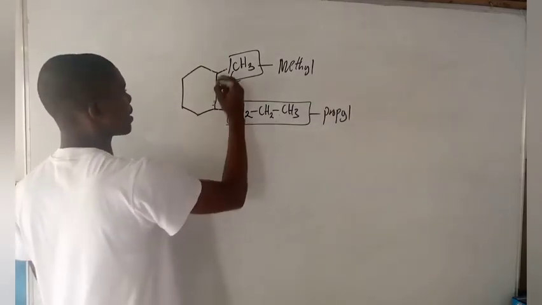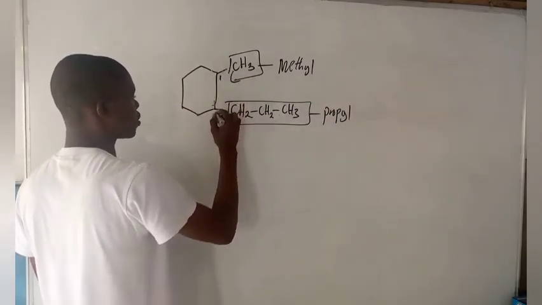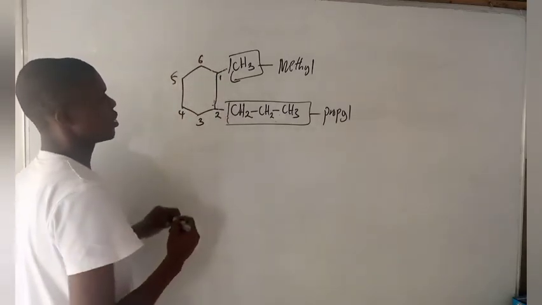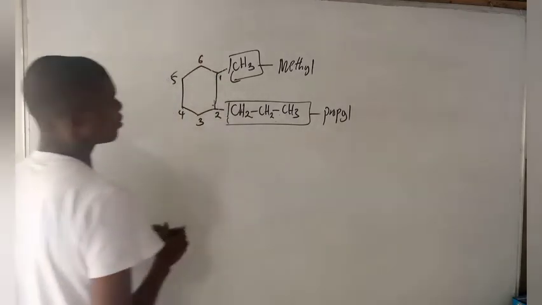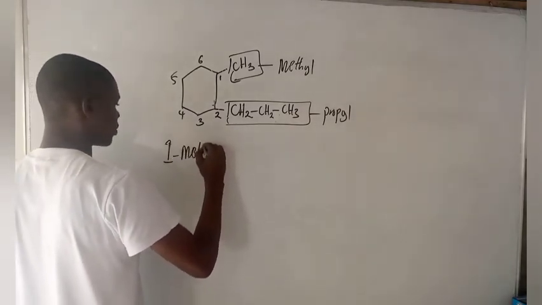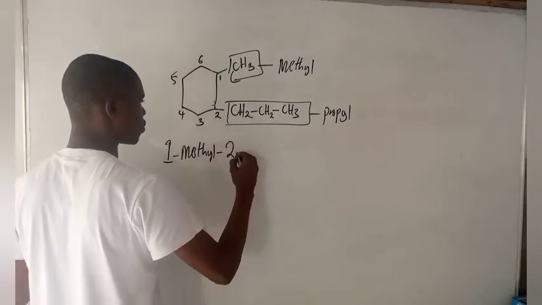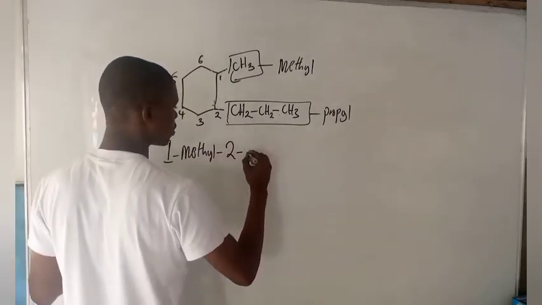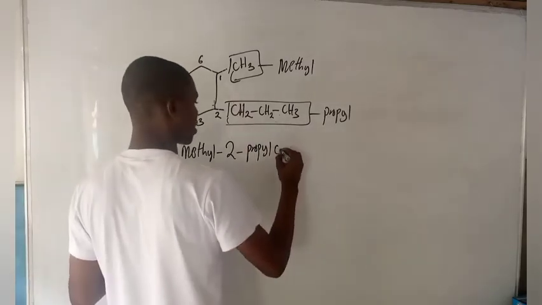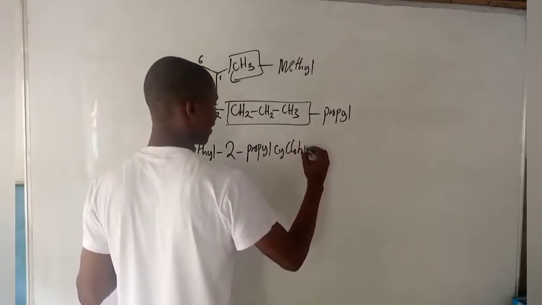So therefore here will be my carbon 1. If here is my carbon 1, of course here is going to be my carbon 2, 3, 4, 5, and 6. So now it's going to be 1-methyl, 2-propyl, cyclohexane.